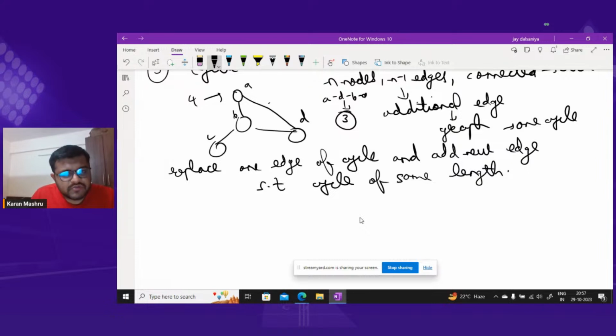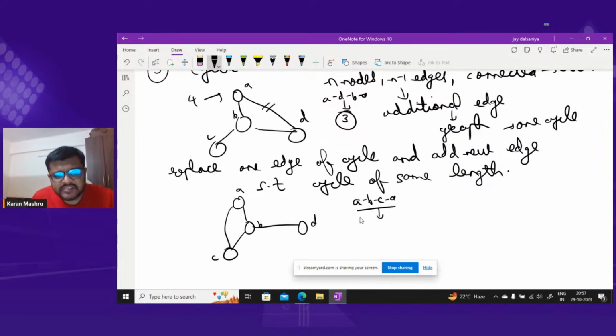Let's say I remove this edge between A and D, so my graph will become A, B, D, and C. Now if I add an edge between A and C, I again get a cycle A, B, C, A whose length is 3. So I removed one edge from the cycle and I added one new edge.